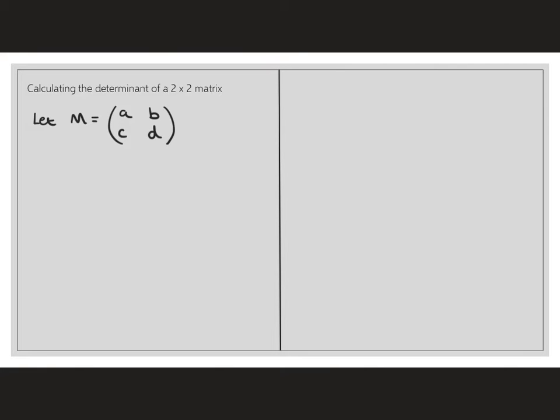Now, we can identify the determinant of this matrix, and we call this det M, or sometimes mod M. They both mean the same thing, they mean the determinant of M. Now, to calculate the determinant, we work out A multiplied by D, subtract B multiplied by C. And that's how we calculate the determinant of a 2 by 2 matrix.